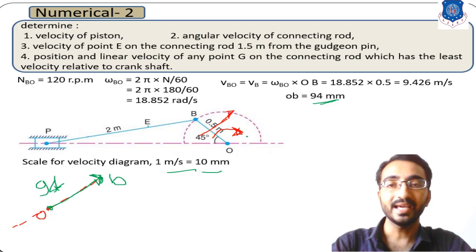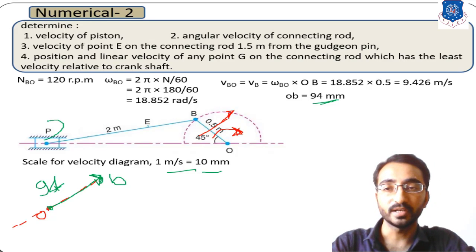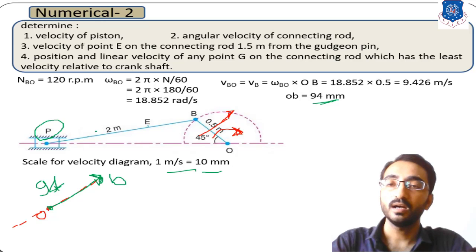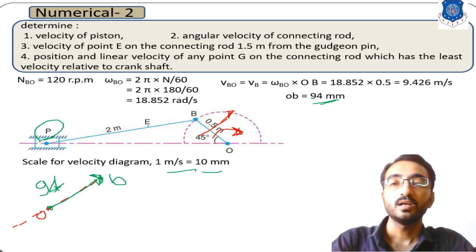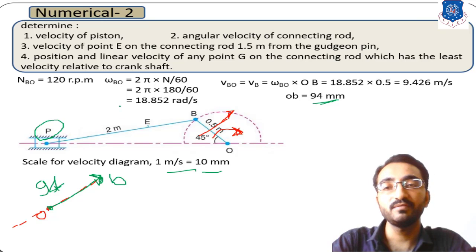Now next point, that is your piston point. To draw this piston point, we have to consider one basic rule, that the velocity will be perpendicular to the line PB.